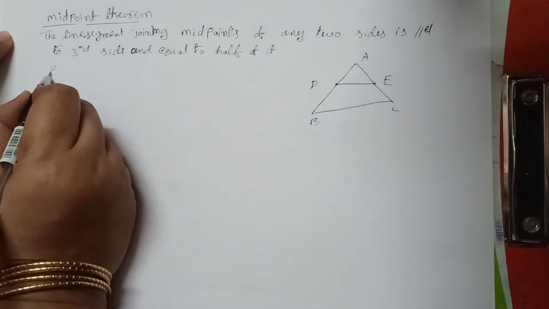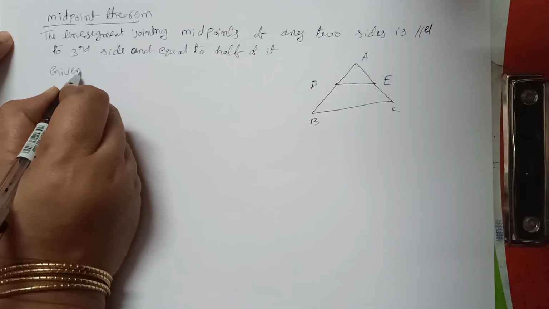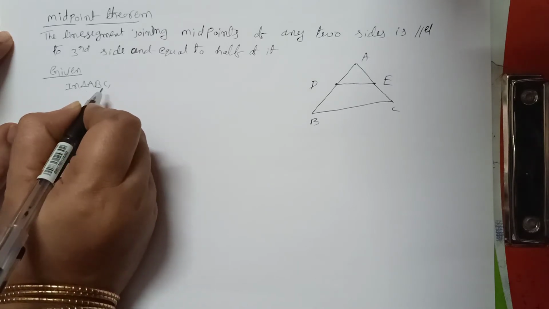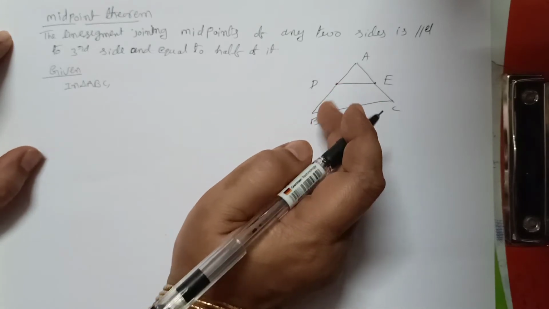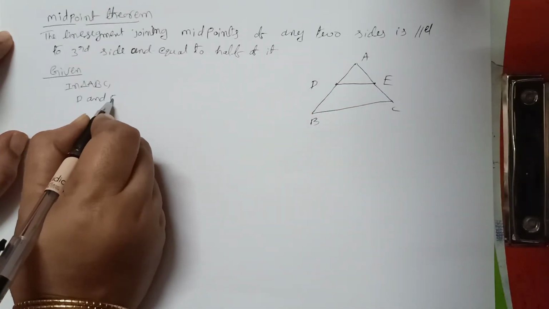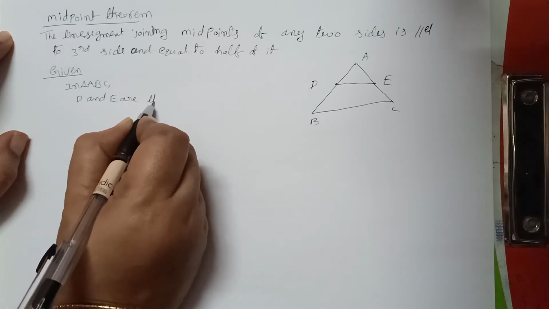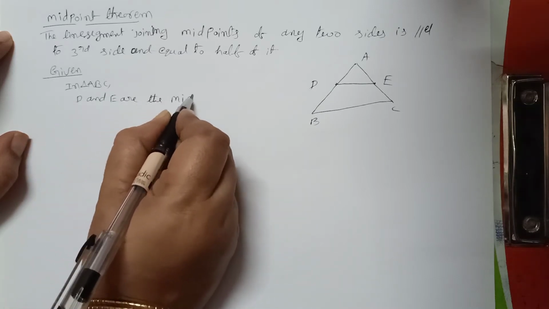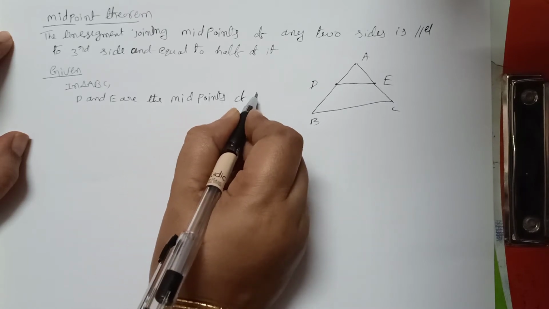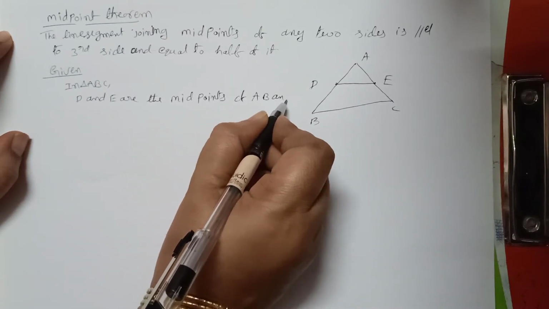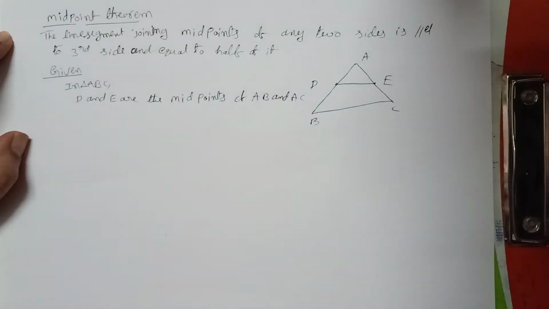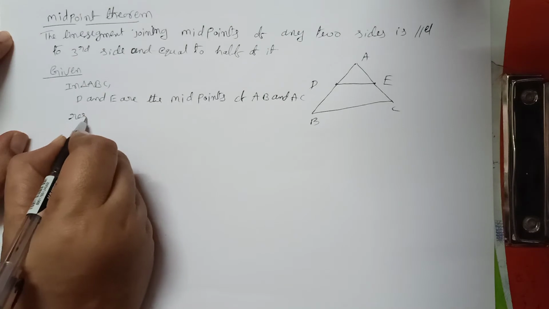So what is given? In triangle ABC, D and E are the midpoints of AB and AC respectively.